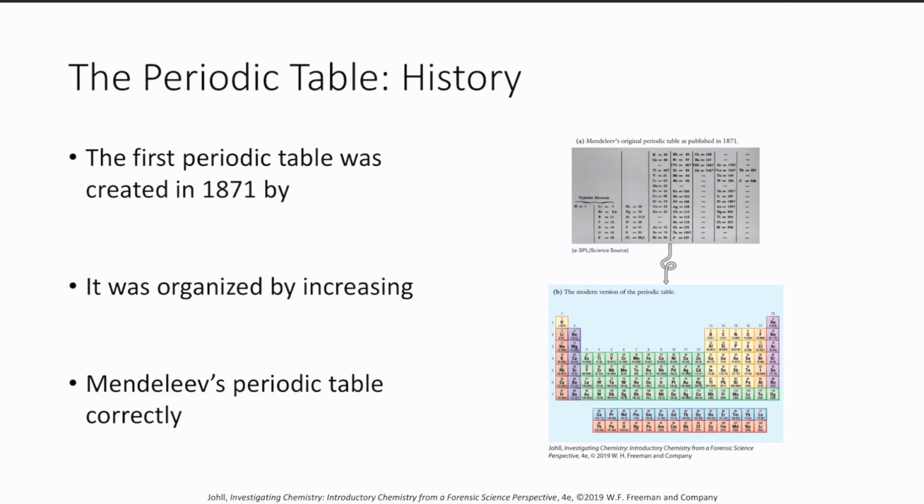Now, the first periodic table was created by Dmitri Mendeleev. To be clear, at the time in the 1870s, there were many different forms of the periodic table.